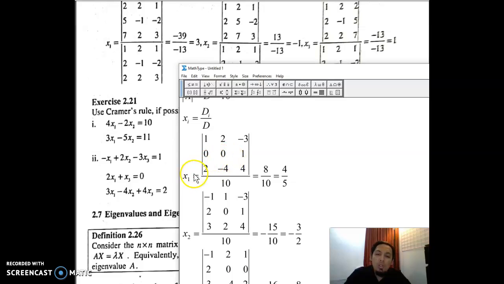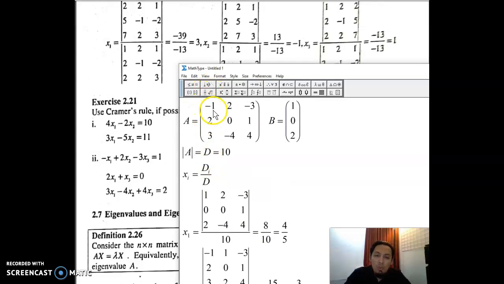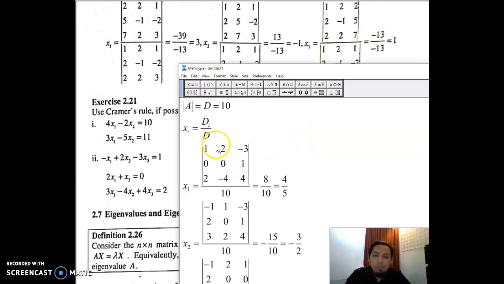This is for x1, so this is where x1 should be. The original is -1, 2, 3. I input B into that column, calculate the determinant, and get 8 over 10, which simplifies to 4 over 5.